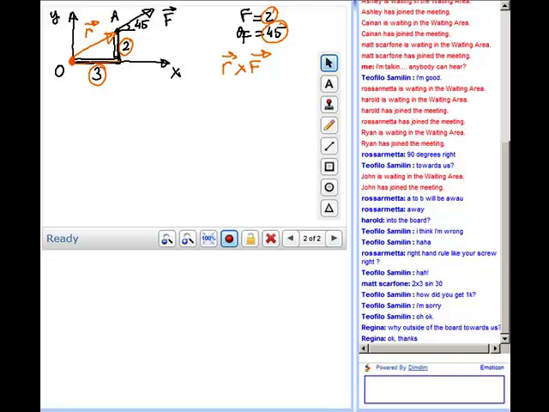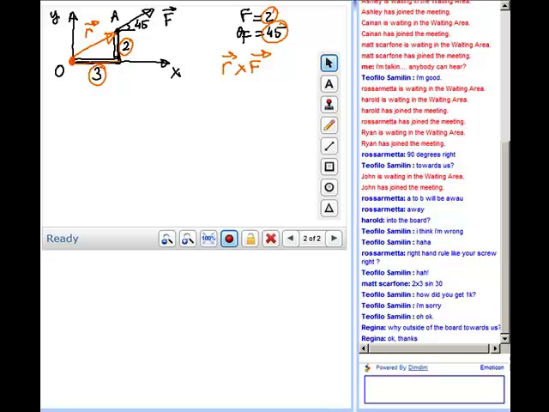So, for me to calculate this, first I need to figure out whether it's clockwise or counterclockwise. Second, I need to figure out its magnitude. If I would like to use the standard definition of RF sine theta, I need to figure out the angle between R and F. Obviously in this problem, that's going to take us a bunch of steps.